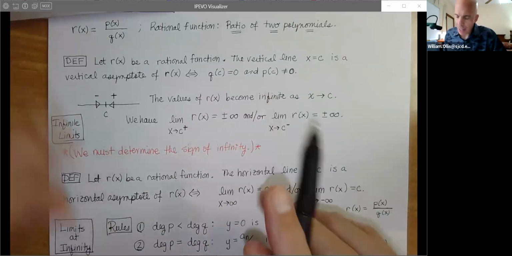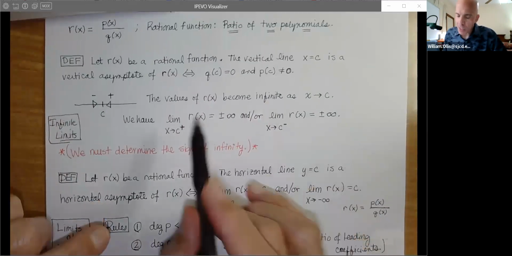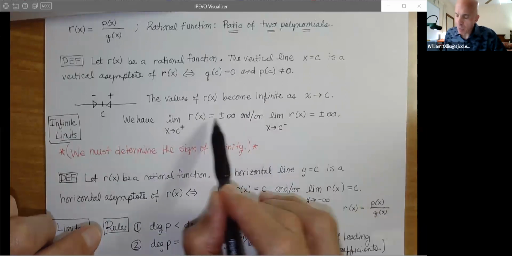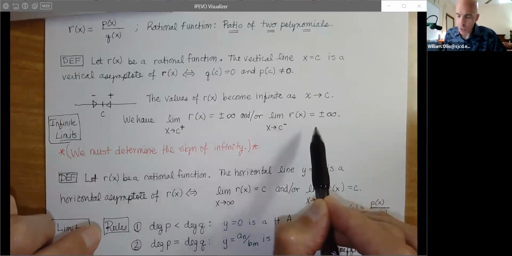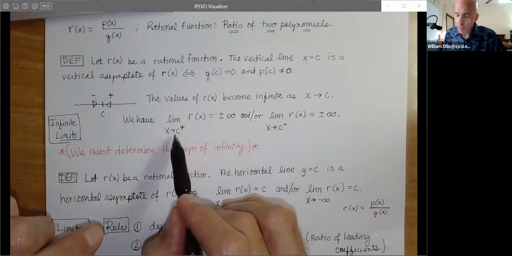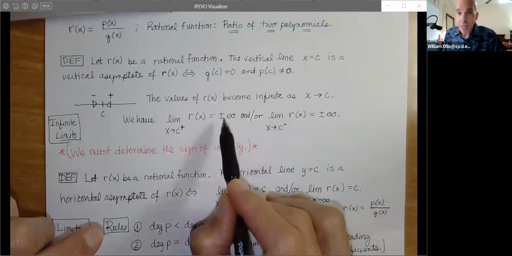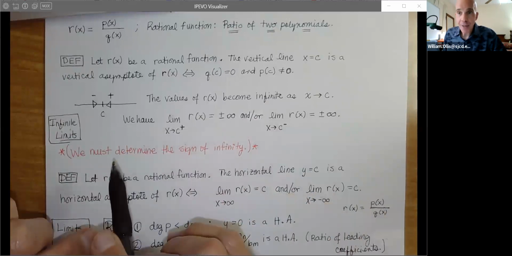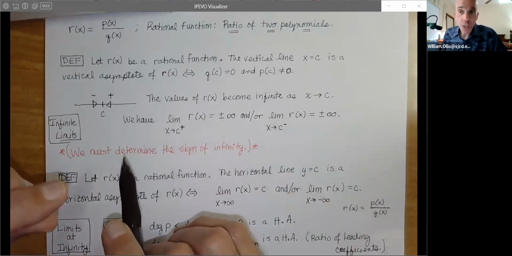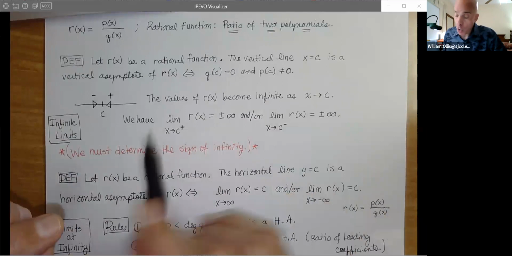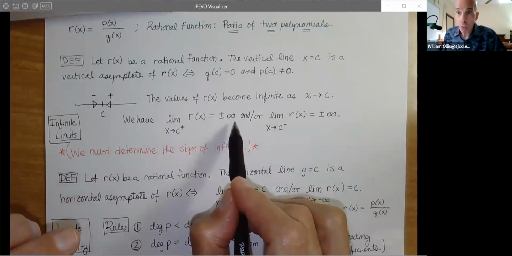Well, we already know how to do this. That is, we're going to have one or both of these cases occurring. And when X approaches C from the right or the left, we're going to get either plus or minus infinity. That is, the value of the function gets arbitrarily large or infinitesimally small.